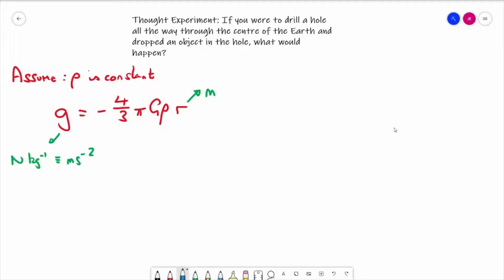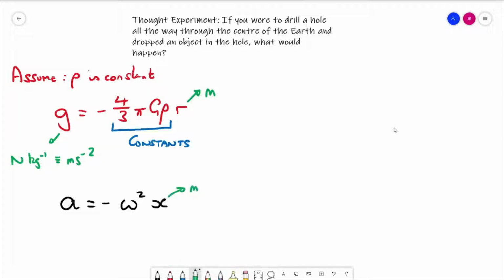We've also got in the middle the 4/3 pi G and rho. We have a load of constants. Now suddenly we're starting to see something which looks familiar to us. If I just put underneath, going back to simple harmonic motion, sorry, not r, of course that's going to be x. If we go back to the general equation for simple harmonic motion, then suddenly we can see some similarities.